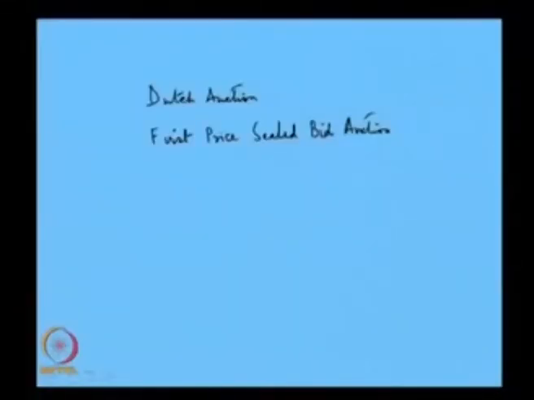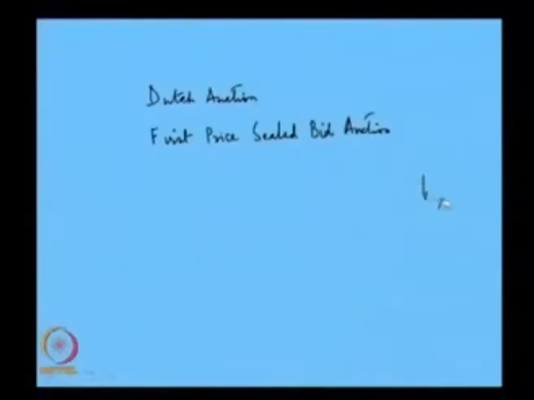Why is it called the Dutch auction? What used to happen in Holland in many cases is that the price comes down from above, and whenever the auctioneer finds at least one person who is ready to pay that price, that person gets the good by paying that price.